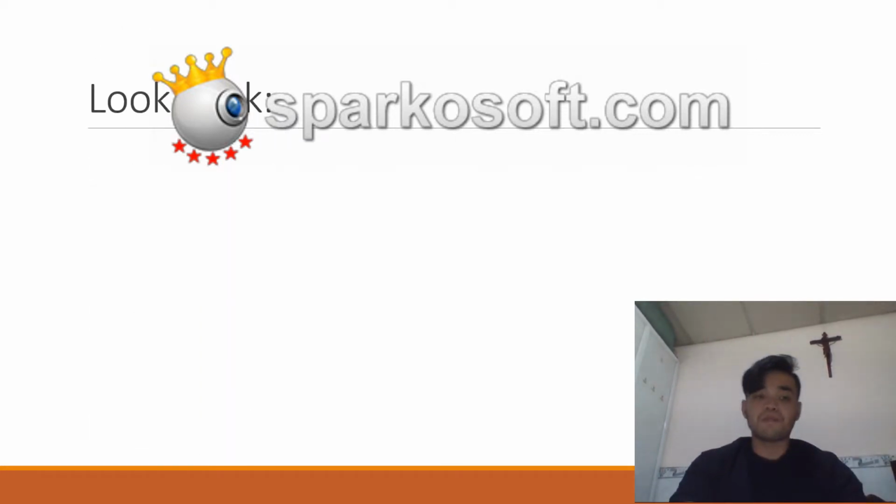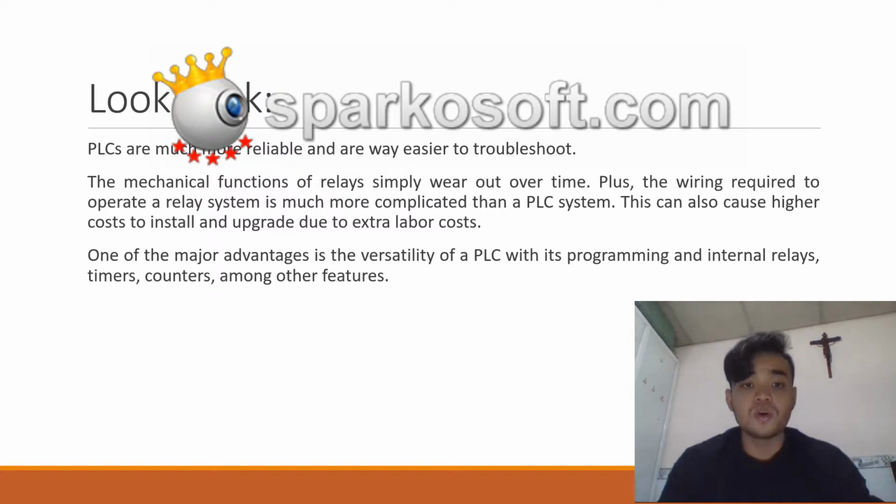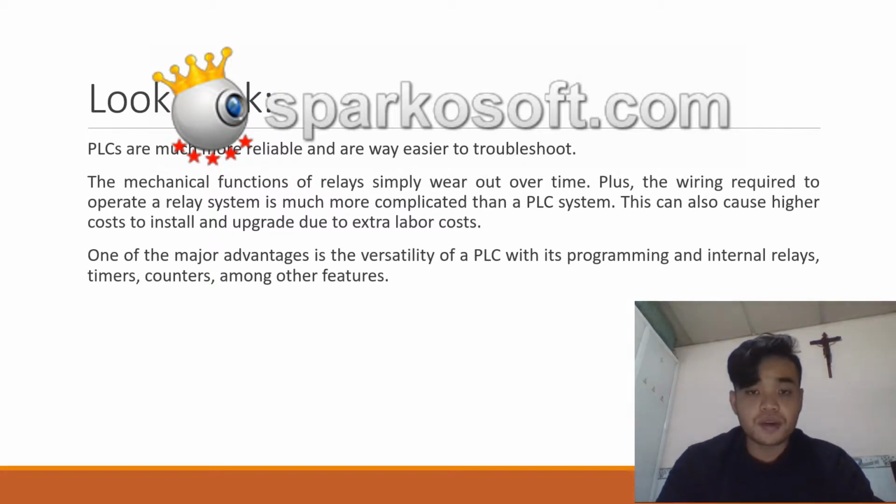So looking back at the advantages of the PLC, PLCs are much more reliable and easier to troubleshoot. The mechanical function of relays simply wears over time. Plus, the wiring required to operate a relay system is much more complicated than a PLC system.